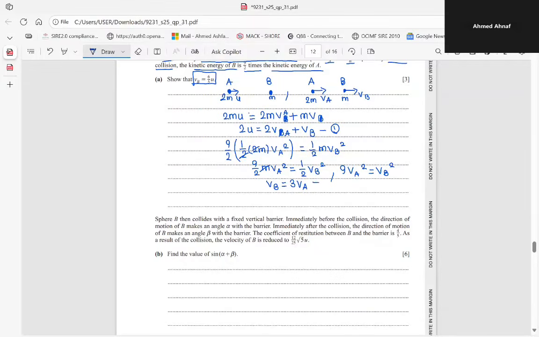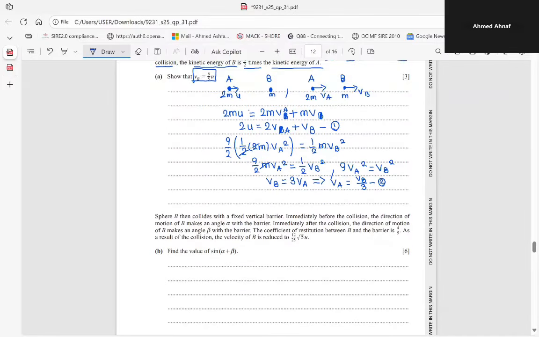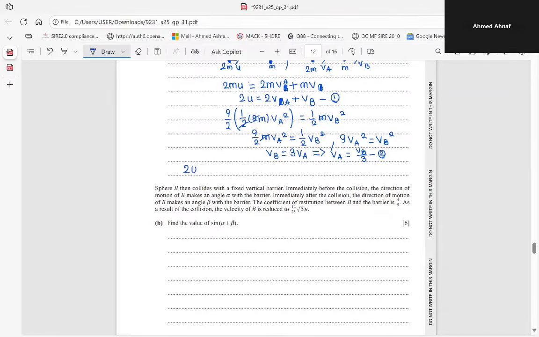So to make this easier, we're going to make VA the subject. So VA will just be VB over 3. So this is the second equation. And substituting everything, you'll get 2U equals 2 times VA, which is VB over 3, plus VB.